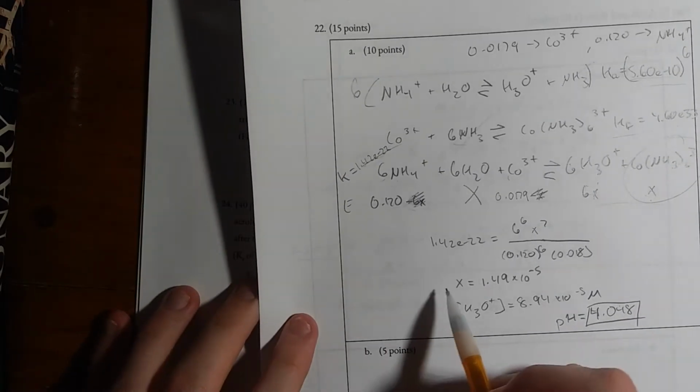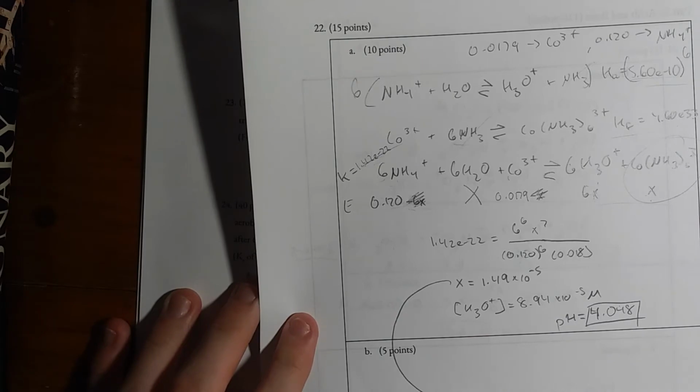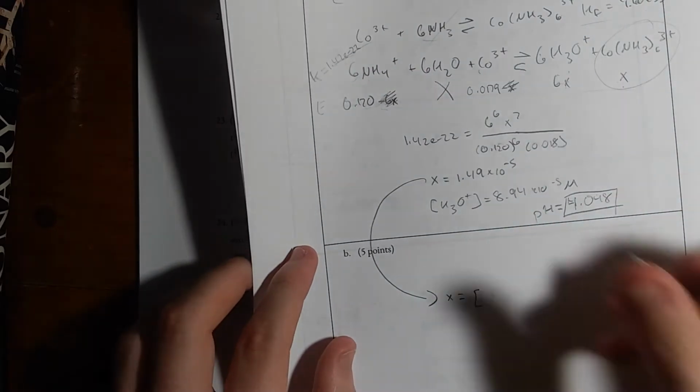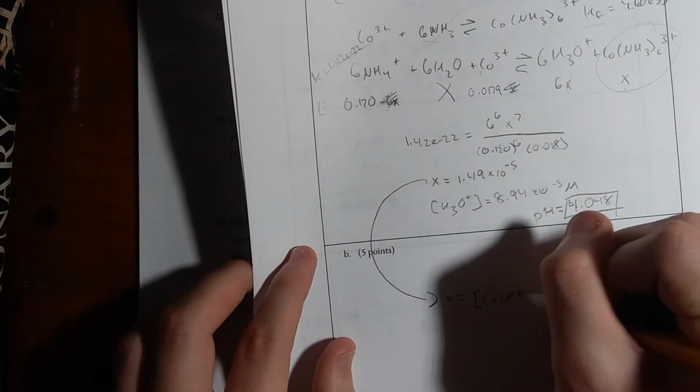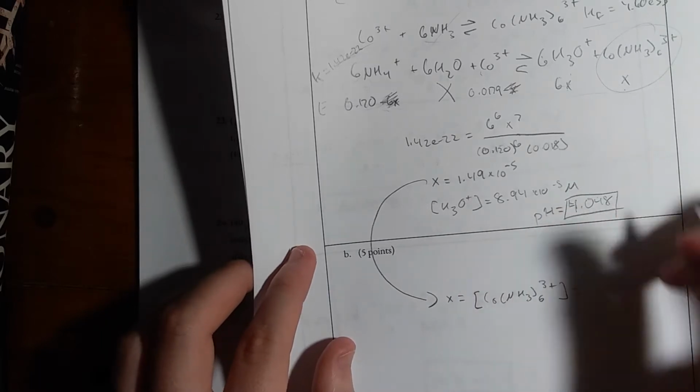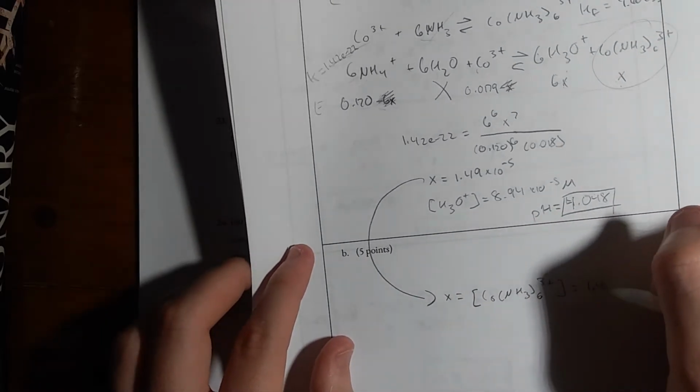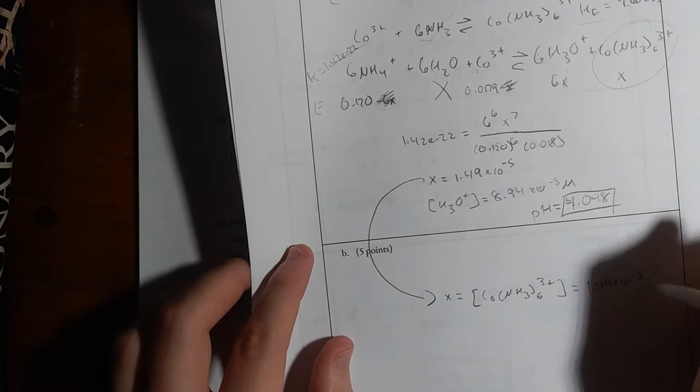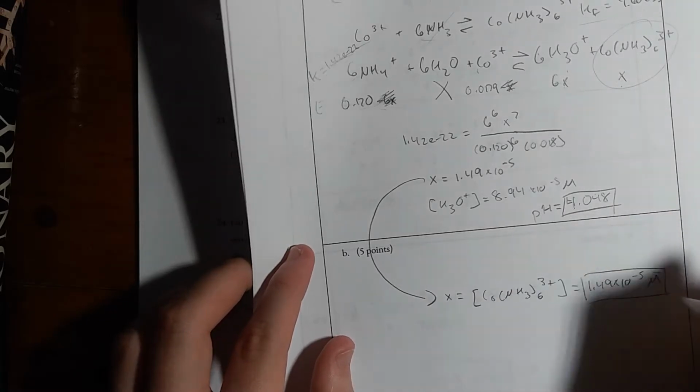Kind of nice. So we're just going to take this down here, and we'll say X equals the concentration of the cobalt equals 1.49 times 10 to the negative 5th molar. Okay. So we solved this one.